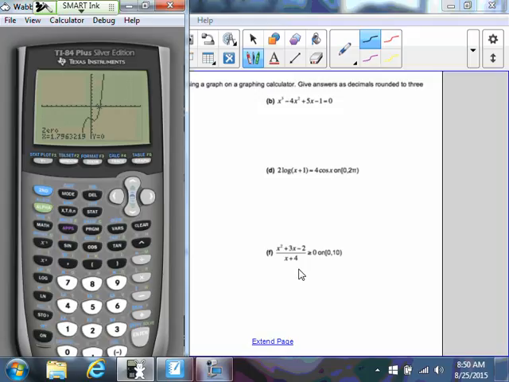Did you guys get 1.796? No? Yeah, I did. Uh-oh. So what did you guys get then? Does it say 0? Did we type it in wrong? Did you tell me the wrong function? X cubed minus what? 3x. Ah, you guys are telling me the wrong thing.